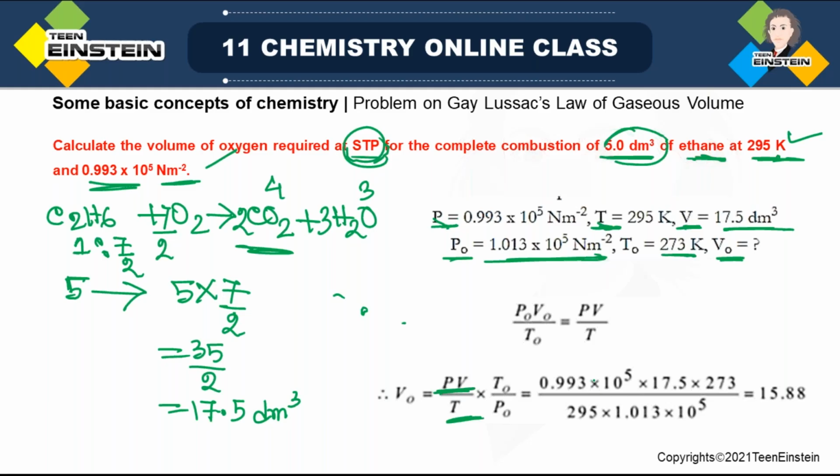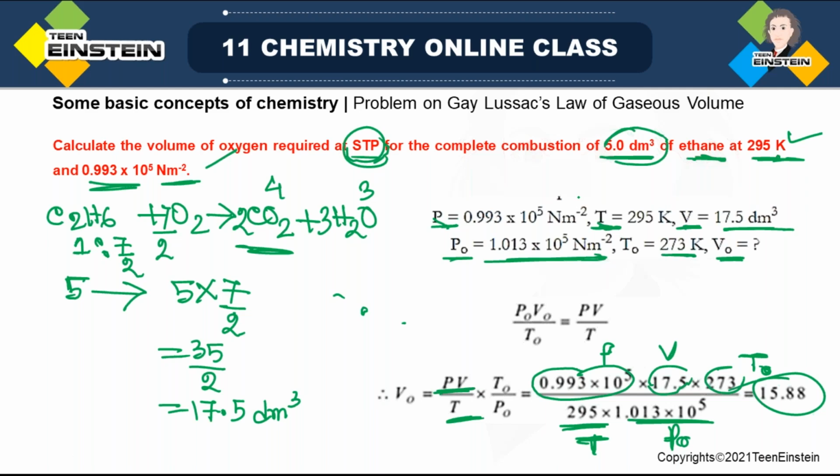So this is P, this is V, this is T naught. This one is T, that is the initial temperature, and this is P naught. So in this way, if you calculate, you will see it is 15.88 dm3.